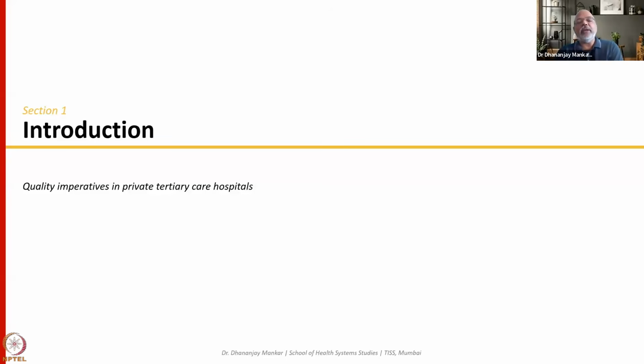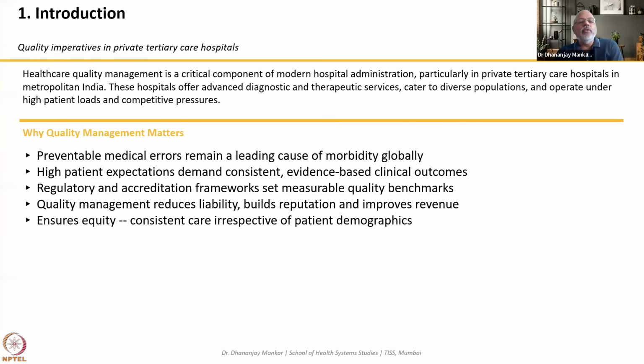What makes them understand quality, and what quality finds as an issue, makes these institutions more responsible for the quality part. So quality imperatives for hospitals identify a role not only for tertiary care setups, but even for the primary, secondary, tertiary, and even quaternary level.